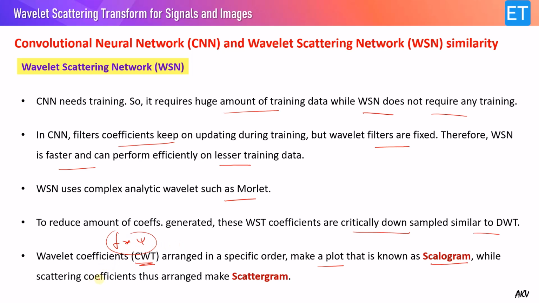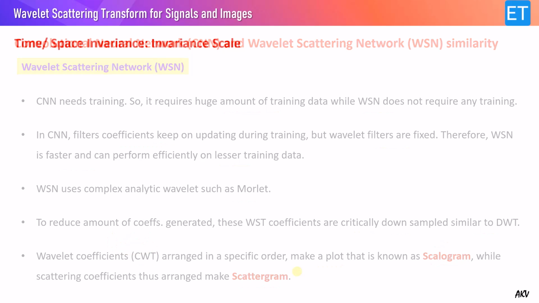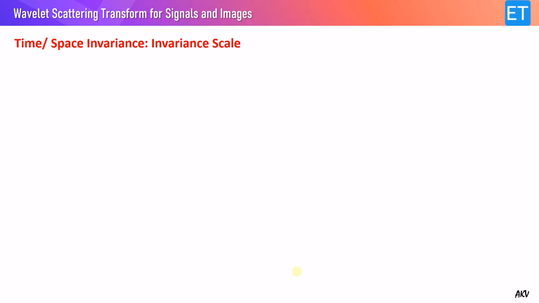While the scattering coefficients thus arranged make the scattergram. So that is the difference. Scalogram means wavelet coefficients, and scattergram represents the scattering coefficients. Later I will show you in MATLAB how we can plot the scalogram and the scattergram separately.